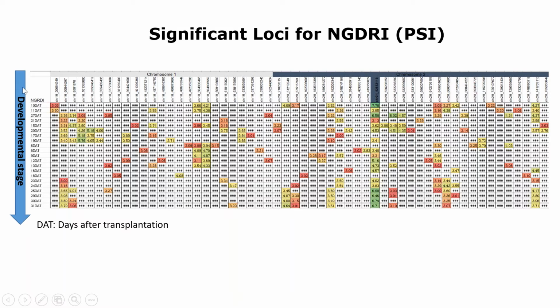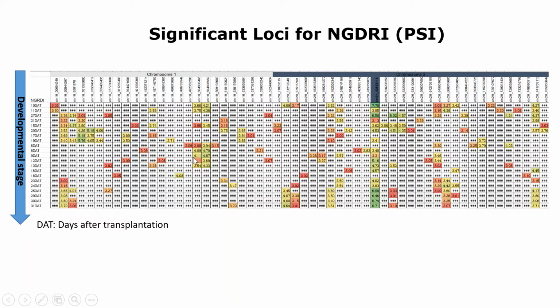On the left-hand side, you can see they have data across different developmental stages of the plant, if I remember correctly from 6 to 44 days after transplantation, a lot of data. So we wanted to see, using this model, if there is a significant association of any marker to this NGDRI trait.